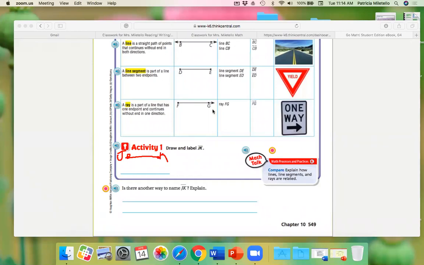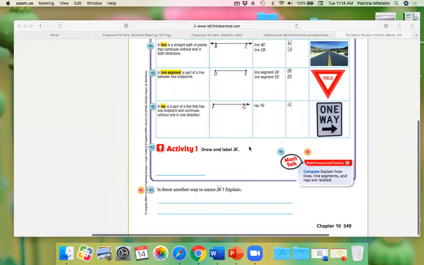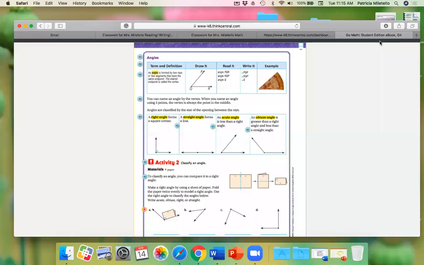So the next page that you have to do is 550. This page just goes over the definition of angle, right angle, and straight angle, which was one we did not talk about.